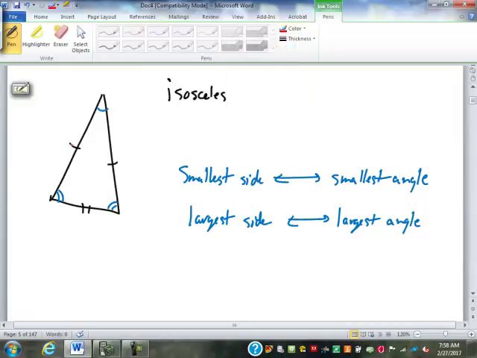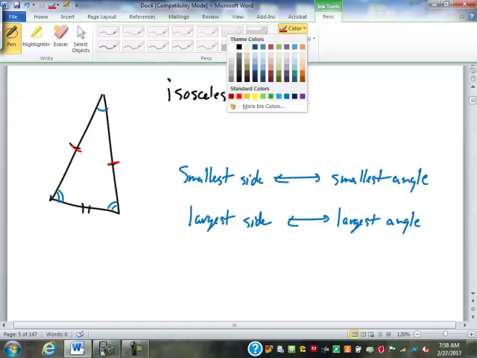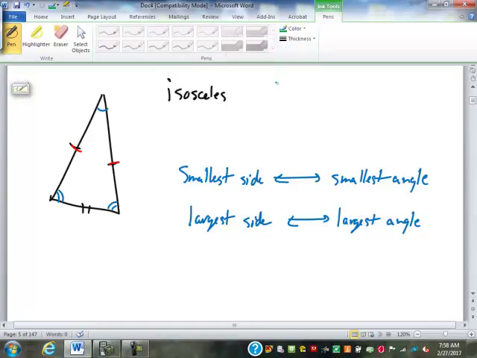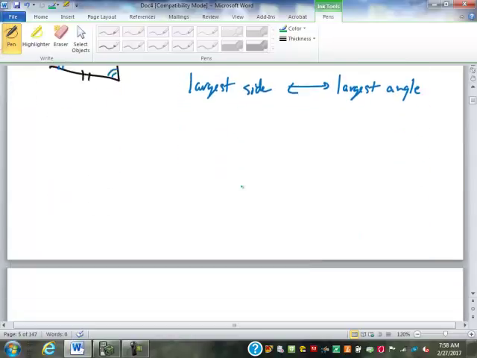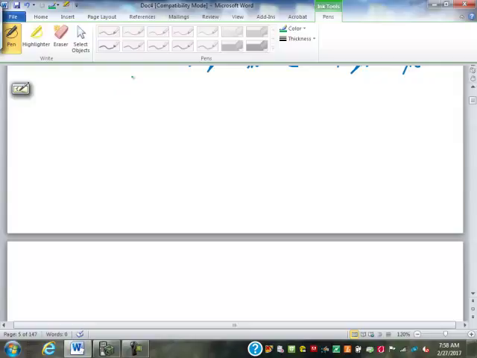Here, since these two sides are exactly the same, their opposite angles have to be the same, because if one was bigger than the other, the opposite side would have to be bigger or smaller. Because of that, there's a lot of things about an isosceles triangle that are unique, that allow us to divide it up.